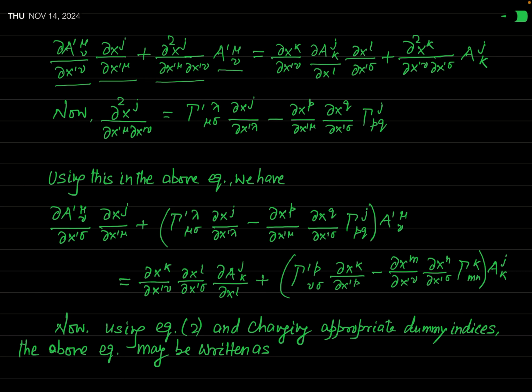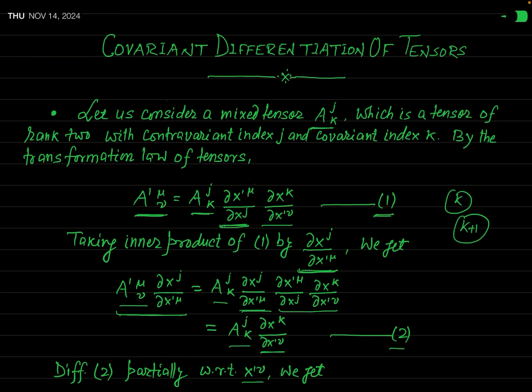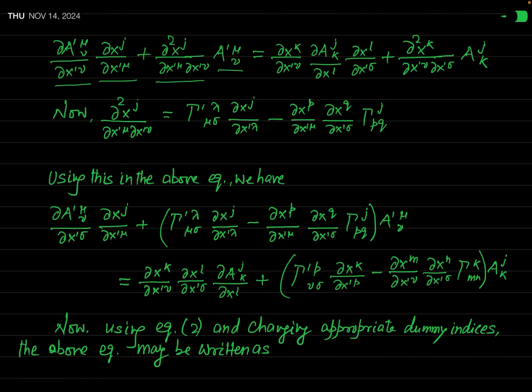And that will be equal to, now see the RHS of equation 2. You can see this will be del xk by del x prime nu times del ajk by del xl times del xl by del x prime sigma.